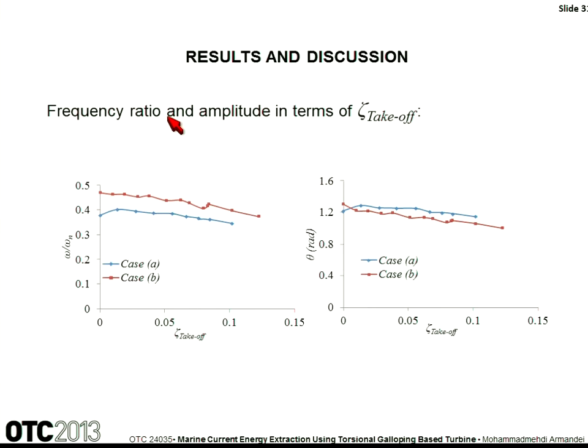You see here the frequency ratio on the left-hand side and the response amplitude on the right-hand side compared to the power takeoff damping ratio. As the power takeoff damping ratio increases, both frequency ratio and response amplitude decrease at almost the same rate for both cases A and B.